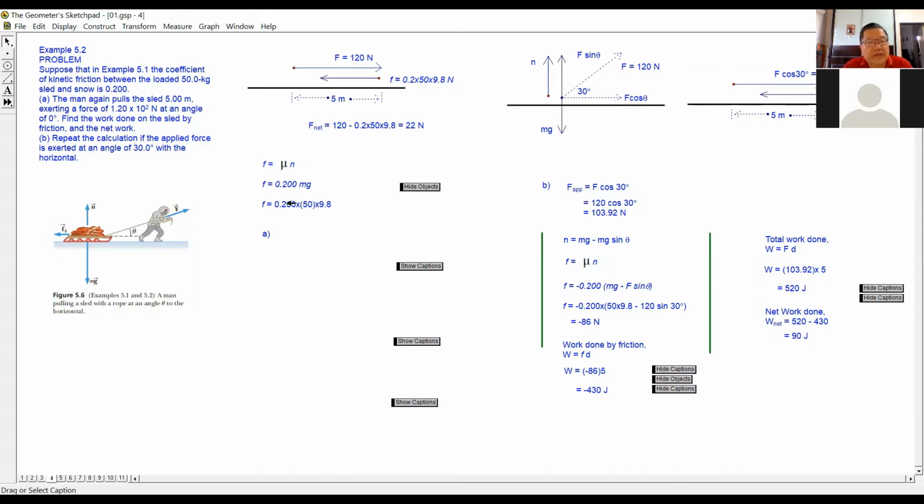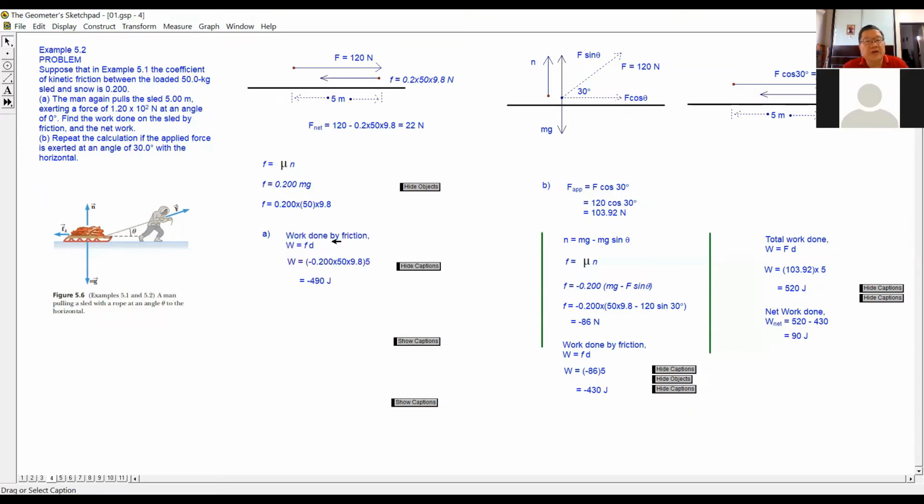So what is the frictional force? The coefficient of friction, 0.2, multiplied with the mass, 50 kilograms, and g, 9.8. So this is the frictional force. The first part asks what is the work done by friction. For work done by friction, you use the frictional force multiplied by the distance moved. Of course, the distance must be parallel to this force.